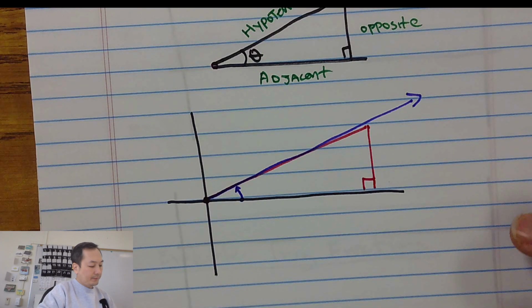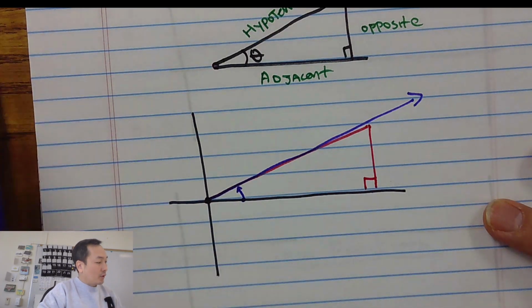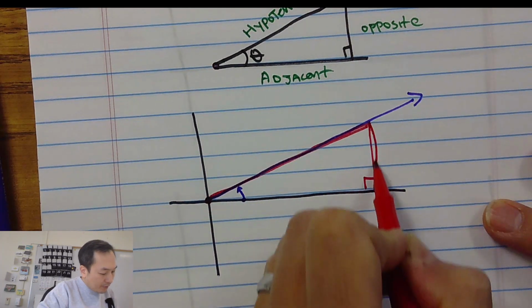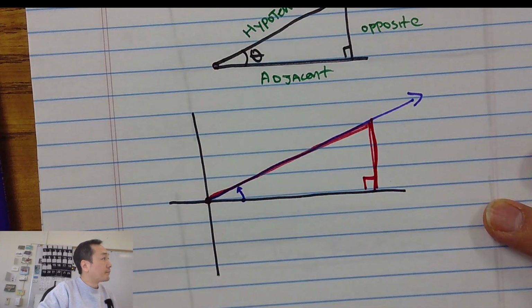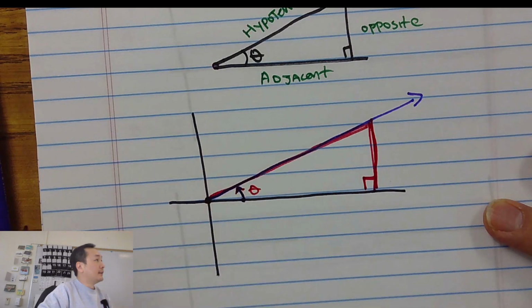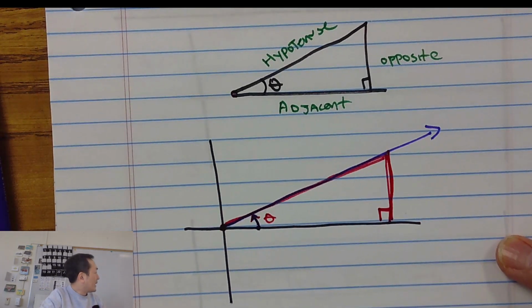But now we're going to turn that angle into a triangle. And this is my theta.